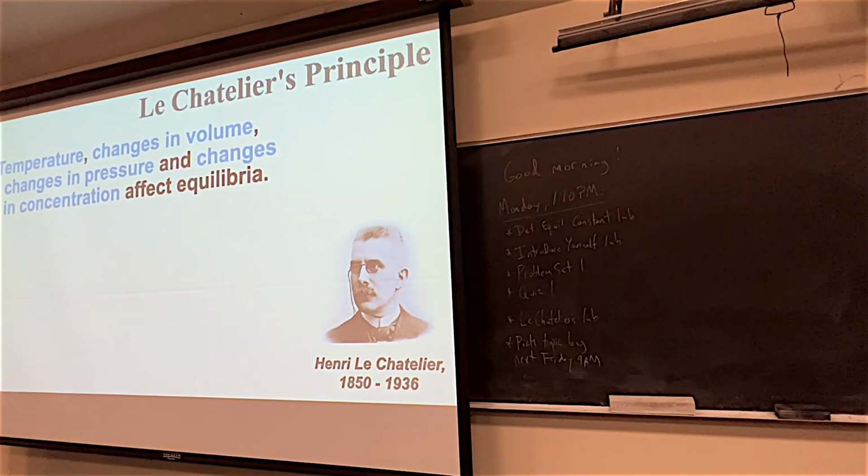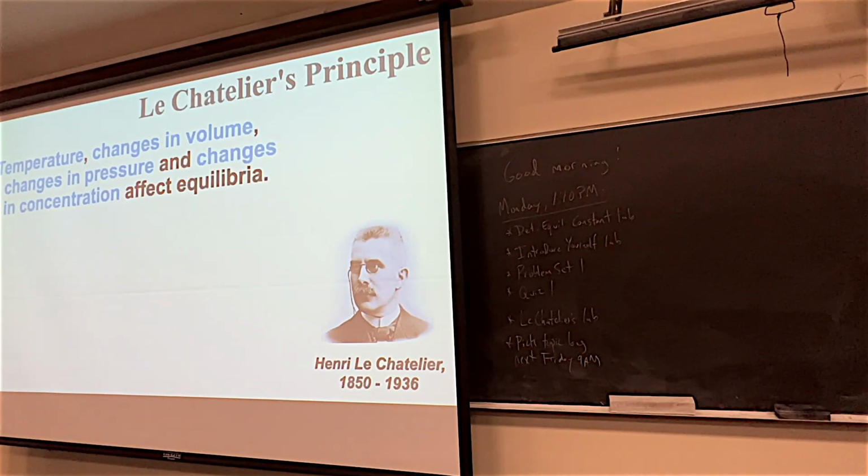And it has a lot of implications for us all the way through Chem 223. Next week's lab is going to be all about Le Chatelier's principle. And what Le Chatelier kind of came up with is he realized that you can affect some chemical systems in different ways, and the changes will affect equilibrium. And the changes are usually changes to temperature, or maybe you're changing the volume, expanding or compressing, depending on what it is. Changes in pressure, so you add some other external gas or take away gas.